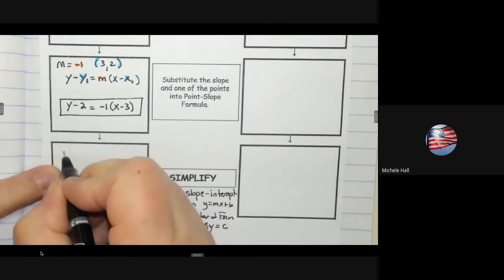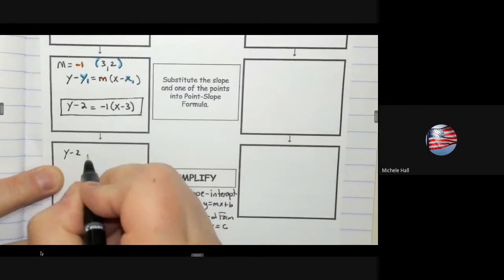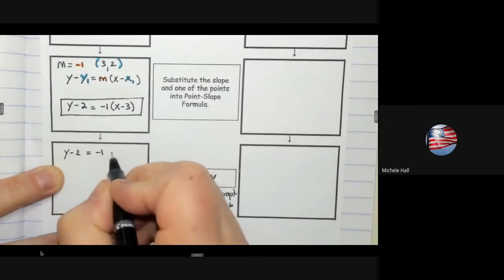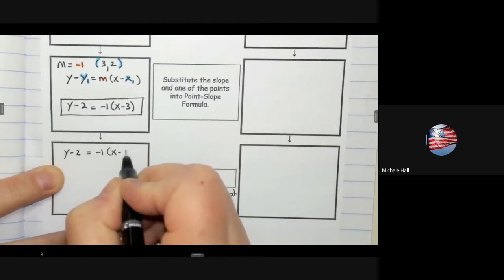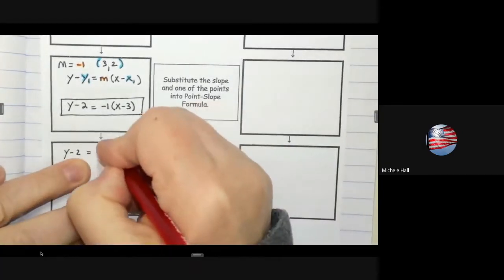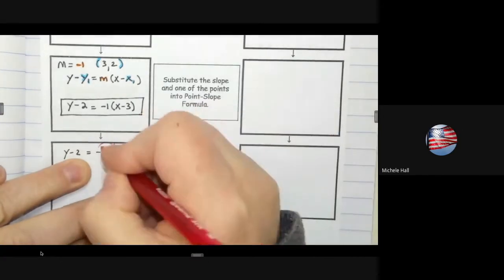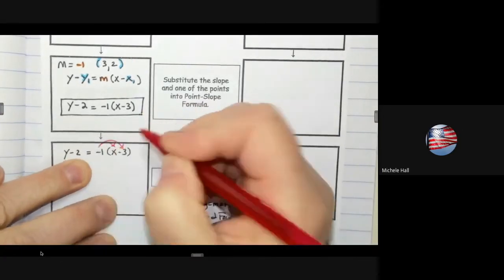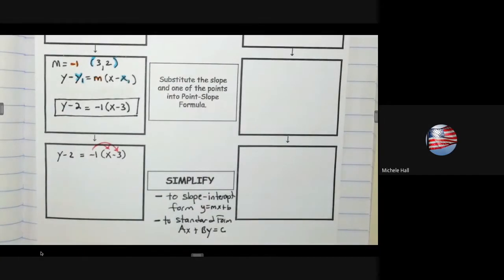So we have y minus 2 equals -1 times x minus 3. We need to simplify. We have the distributive property, -1 times x, and -1 times -3. We want to get rid of these parentheses.